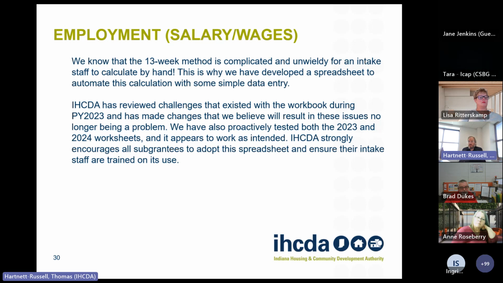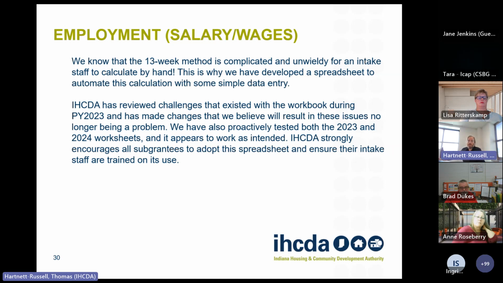And I and several members of the team here have proactively tried to test both the 2023 and the 2024 worksheets. They both appear to work as intended at this point. However, I do want to encourage everyone to please double, triple, quadruple check me on this.